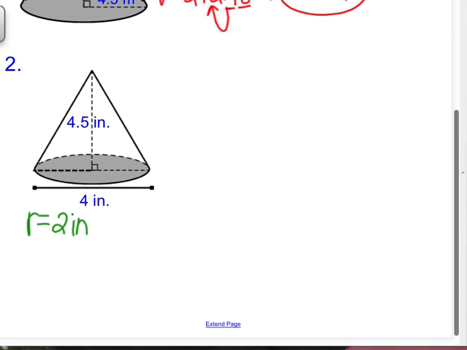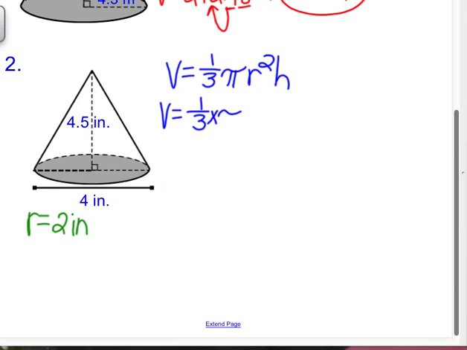Step 1, write my formula. 1/3 times pi times my radius squared times the height of my cone. All right. What's the radius? Not 4, it's 2, which I'm going to square, times the height, which is 4.5.